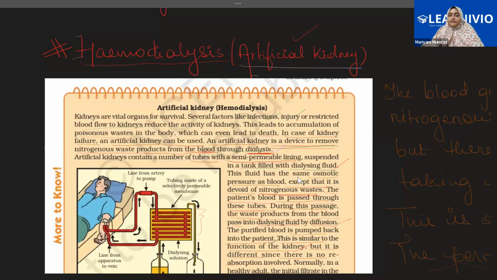Because for this process, the person has to lay down and the person can't lay down forever. That's also true. But here in this case, laying down is fine. But the person is connected to a machine. Can a person stay connected to the machine forever? No, they can't, right? So this is why it is a temporary fix. It's not a permanent fix.